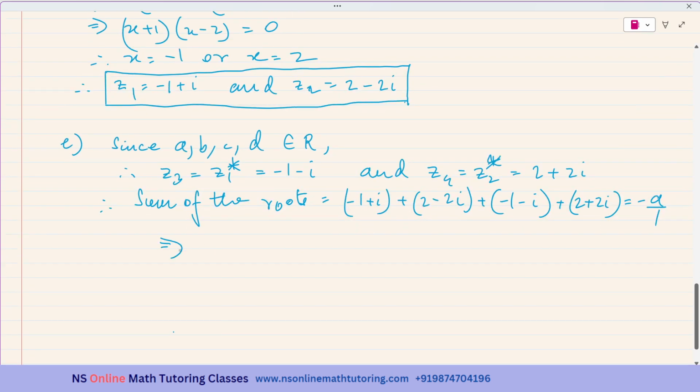So this implies this is -1, this is +2. So 2 minus 1 is 1. 1 and -1 is cancelling, it is 0. And then there is this 2. Fine. What about the imaginary portion? i minus 2i, so I am having minus i, and minus i is minus 2i plus 2i is 0. So 2 is equal to minus A, or A is equal to -2. Okay.